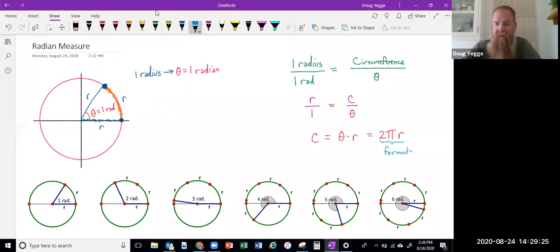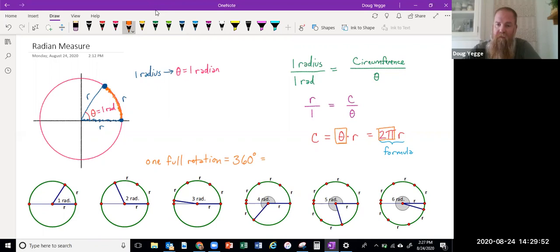So look at what's amazing about this result. That just simply tells us that one full rotation is equal to, well, 360 degrees. But we also see that that theta must have been 2 pi.